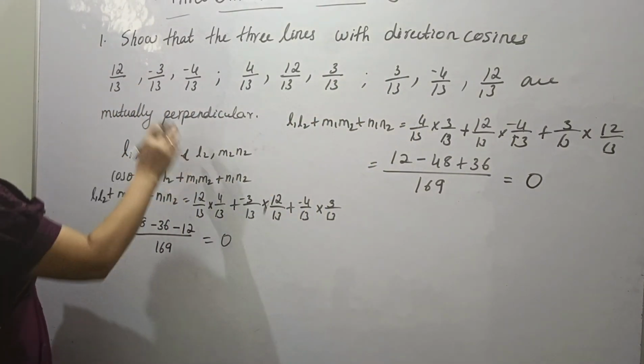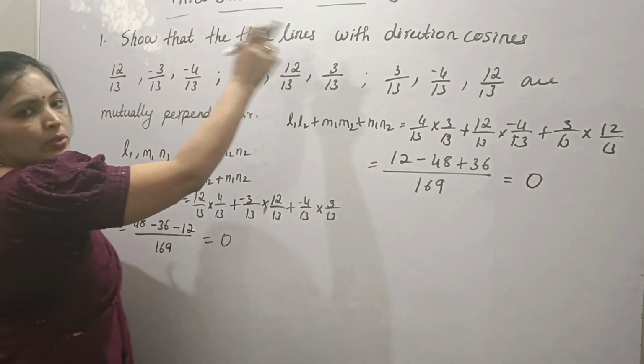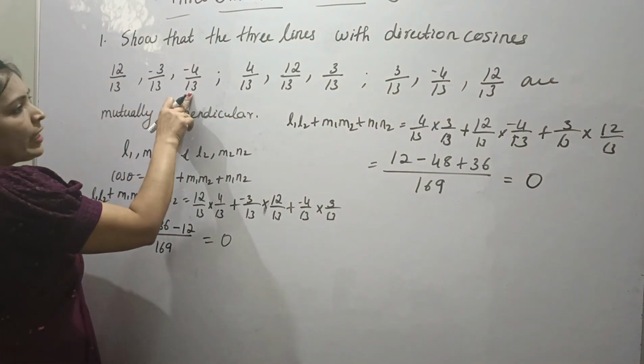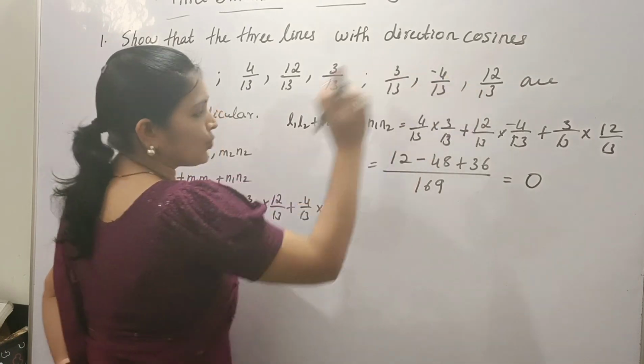Next, one more pair of lines, that is these two lines. Here l1, m1, n1 and l2, m2, n2.